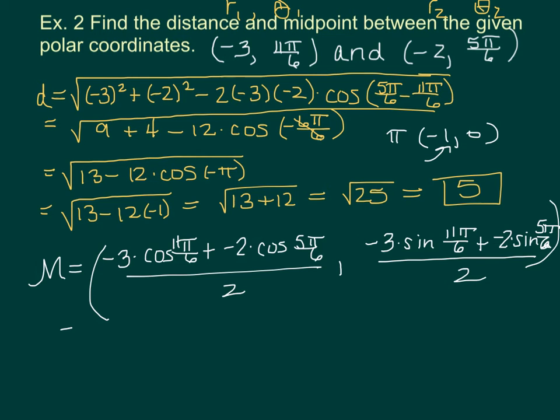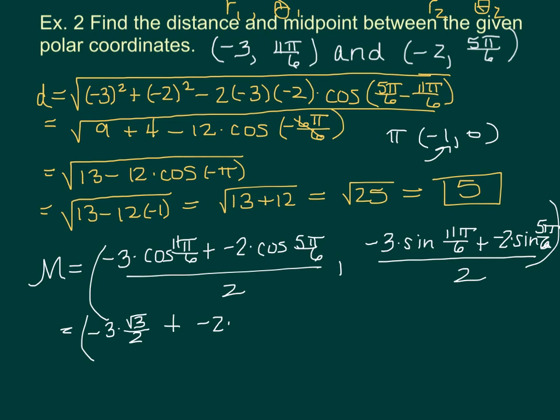Okay, 11 pi over 6 is the same as pi over 6, and it's in the 4th quadrant. And remember, pi over 6, cosine would be radical 3 over 2 plus negative 2 times cosine of 5 pi over 6.